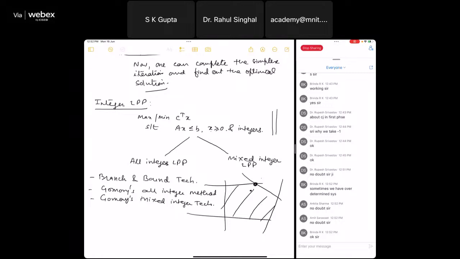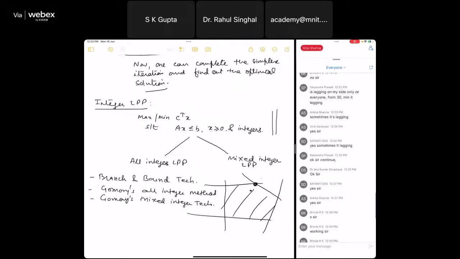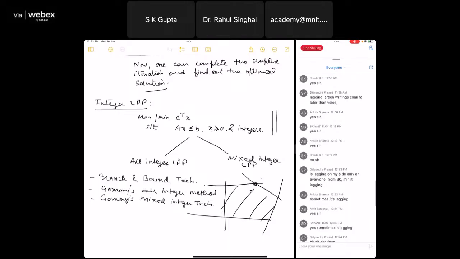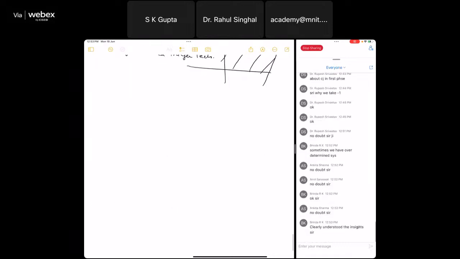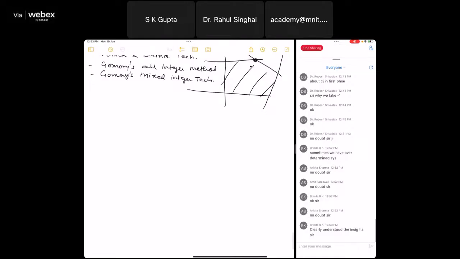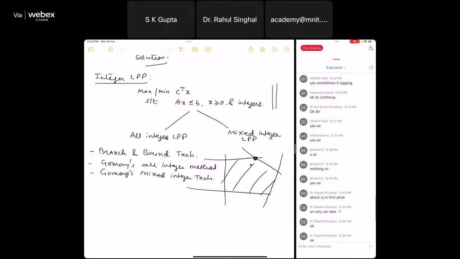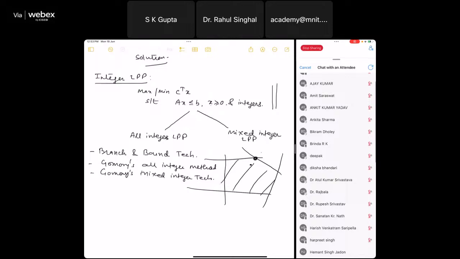What about the others, Ankita? Any doubt? I don't know whether you are able to understand the things or not. Yes, Shanti Das. Okay. Any other doubt from any other person in this group? Others are not responding.